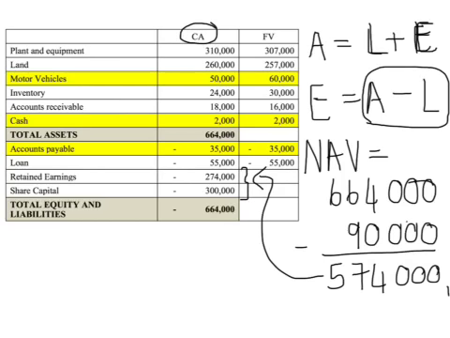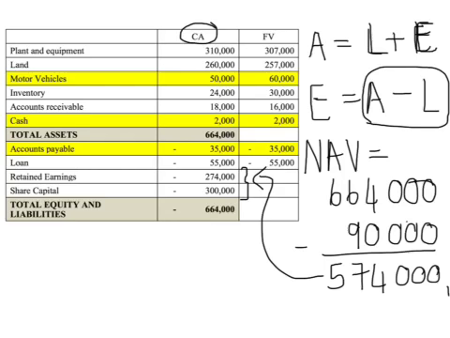Now, the reason why you should understand this concept is that in our acquisition analysis, we have to calculate the fair value of the net assets that have been acquired by the company that did the business acquisition. And in some questions, you will be given sufficient information to calculate the fair value of the assets and the liabilities.